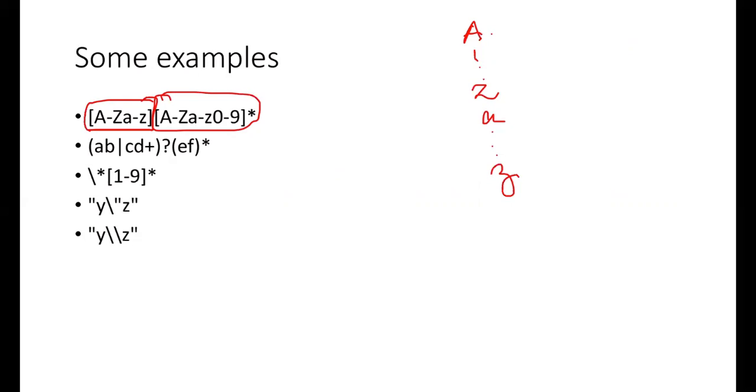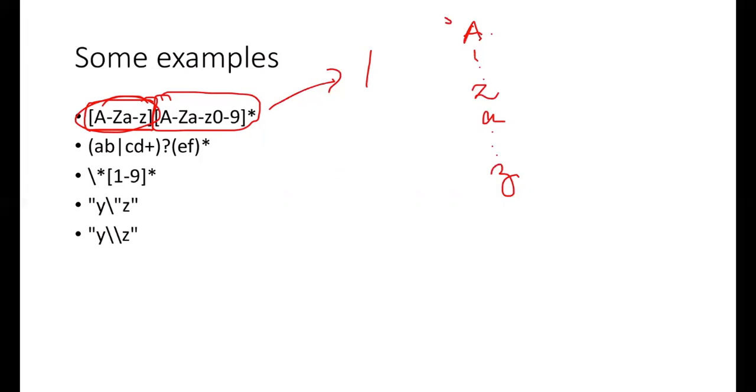So the minimum length of the strings generated by this language is decided by the first part. It must start with either a small letter or a capital letter, and it can be followed by 0 or more repetitions of letters and digits.